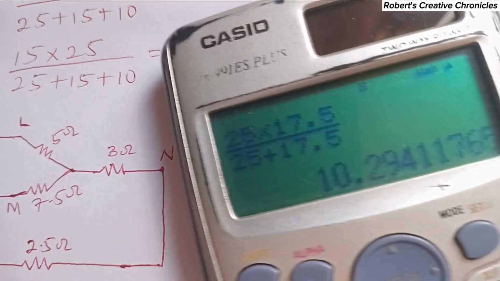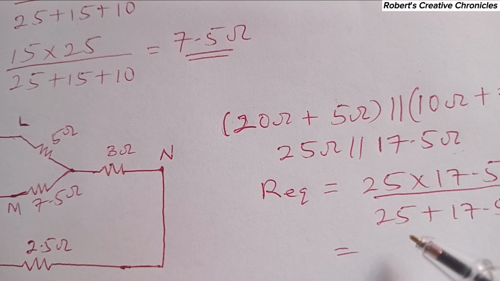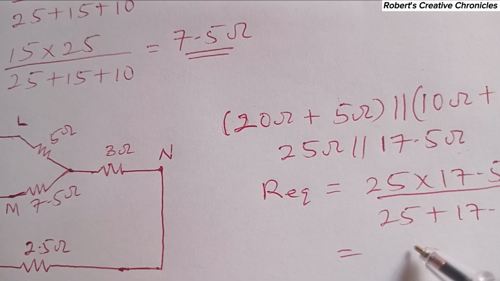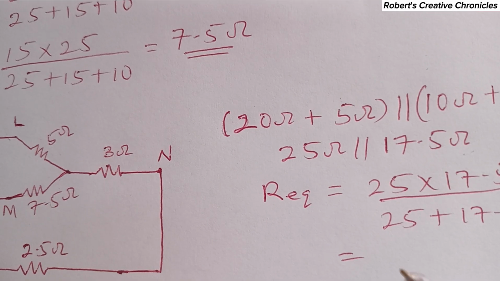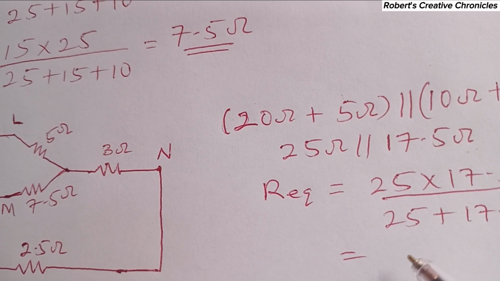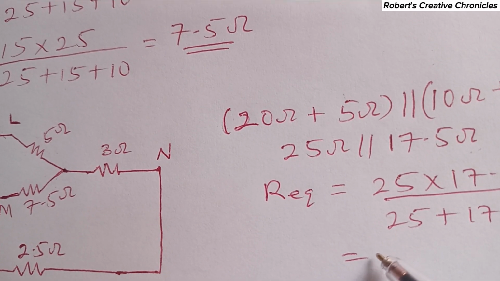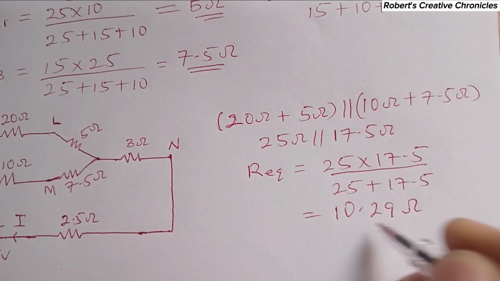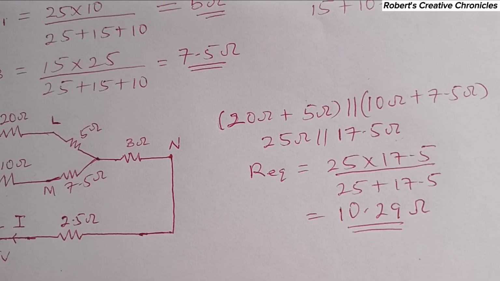Let me approximate it to 2 decimal places, 10.29. If I take 10 ohms, you won't arrive at the final answer. So at this early stage, it is important you do not prematurely approximate your values since you are going to use them in more calculations. If not, you won't arrive at the correct answer. So let me write 10.29 ohms.